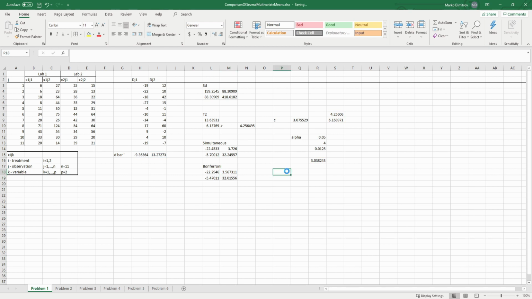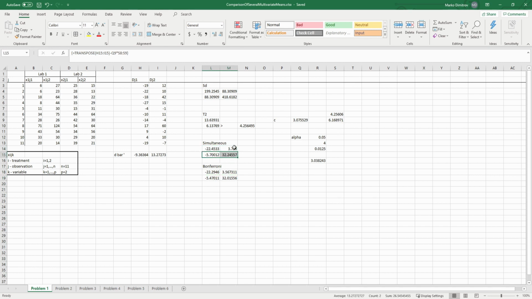Okay, so let's analyze what happens here. As we expected, Bonferroni intervals are narrower than our simultaneous intervals, but the problem here occurs when we see that 0 belongs to the intervals, to both the Bonferroni and the simultaneous interval.